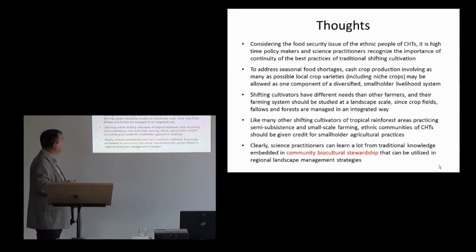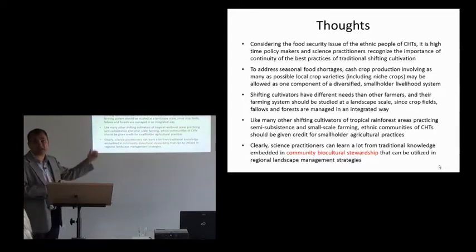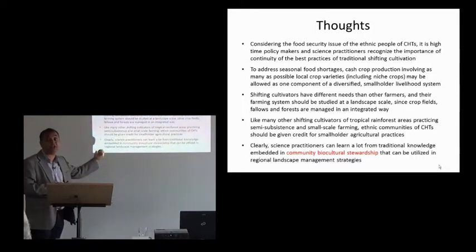I'm also arguing that cash crop farming should be there, but not using the hybrids. Try to use the local crops. There are so many promising local crop varieties which, if brought under cash crop farming, can enhance farmers' income. So why should we go for hybrids? Let us try the landraces first.